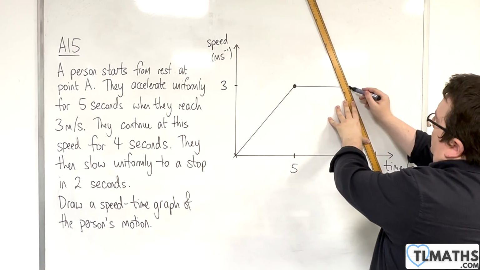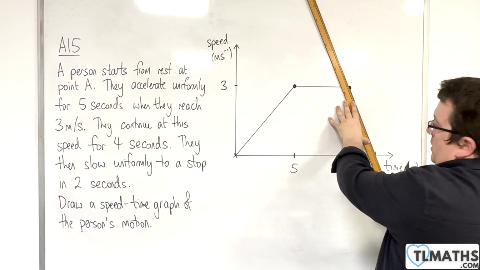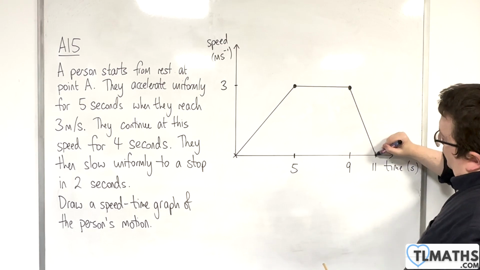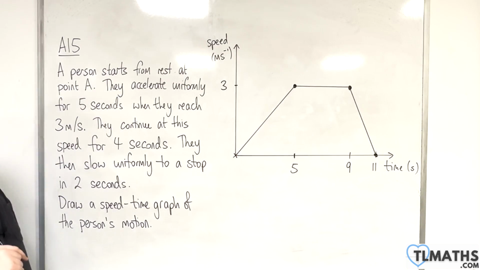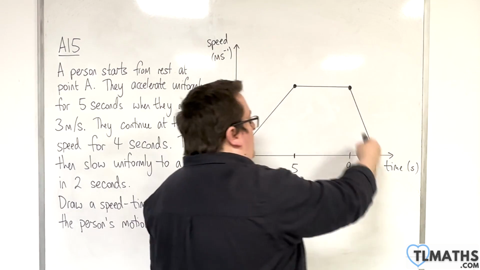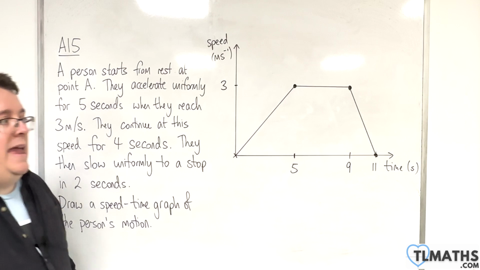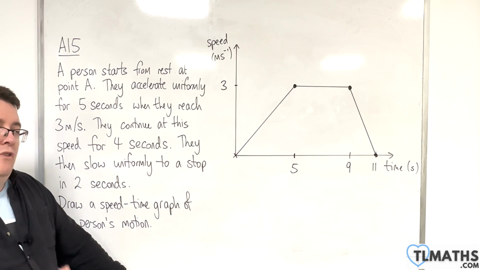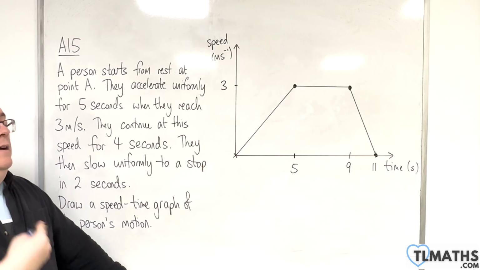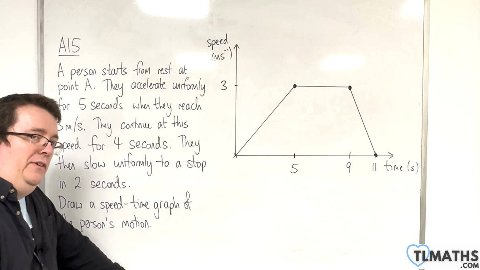So that means that their speed is changing, and it's uniform, so it's a straight line, and we're getting back to the time axis. Now again, on a displacement time graph or distance time graph, getting back to the time axis meant that you got back to where you started.